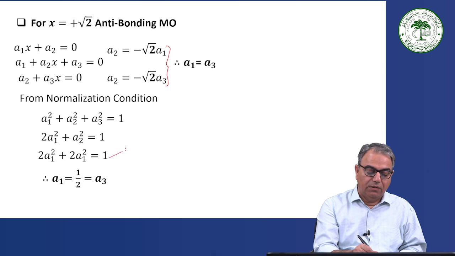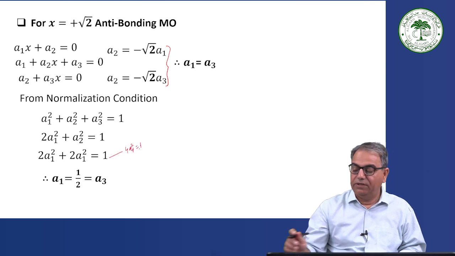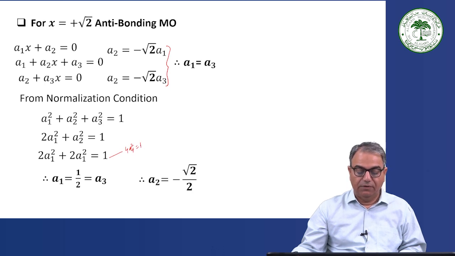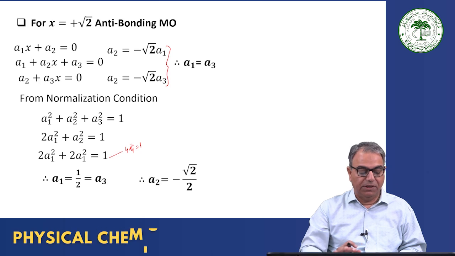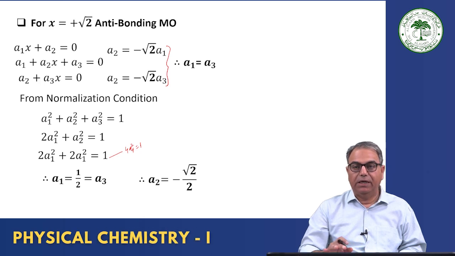From this you get 4 a1 square is equal to 1. So, a1 is equal to 1 by 2, and if a1 is 1 by 2, a3 is also 1 by 2, and the a2 value you already have, minus root 2 a1, and putting a1 as 1 by 2, a2 is equal to minus 1 by root 2. So, all three coefficients a1, a3 and a2 are determined.